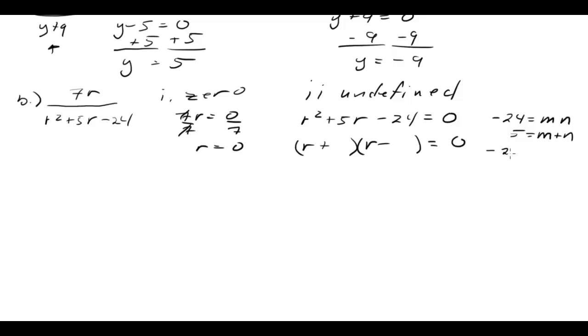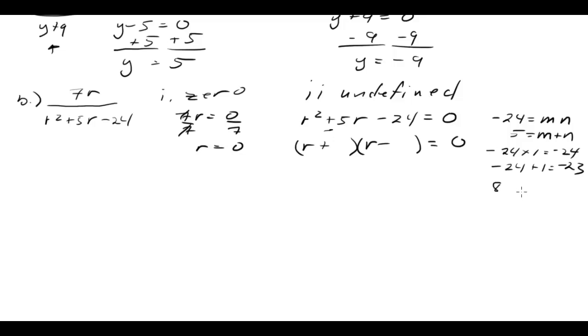So let's try minus 24 times 1. That equals minus 24. But minus 24 plus 1 equals minus 23. Oh, that's not even the right sign. So we're going to make the bigger absolute value positive, right? Because the 5 is positive. All right. So let's try 8.